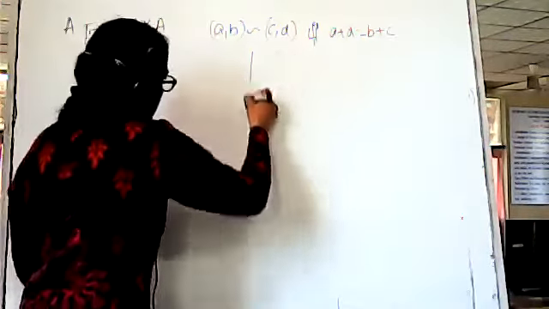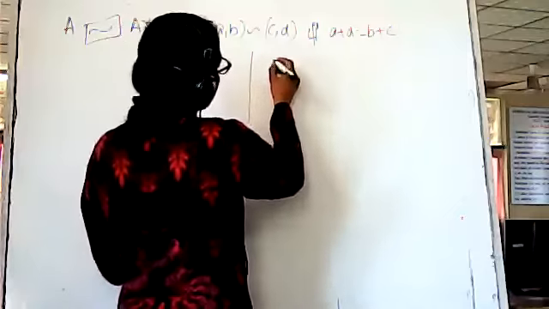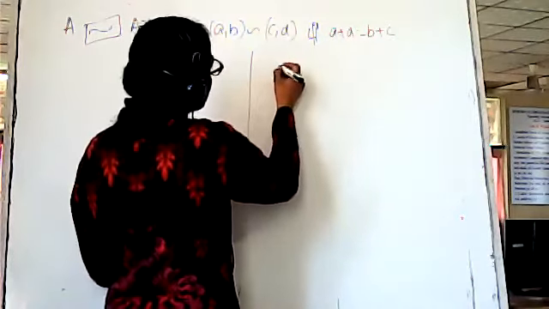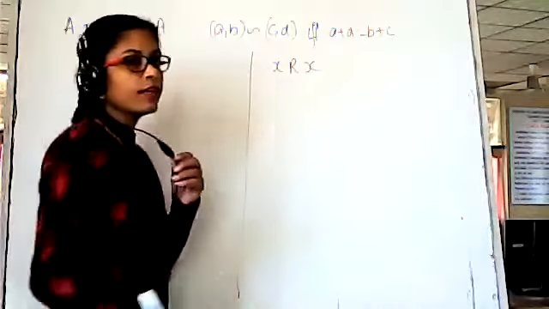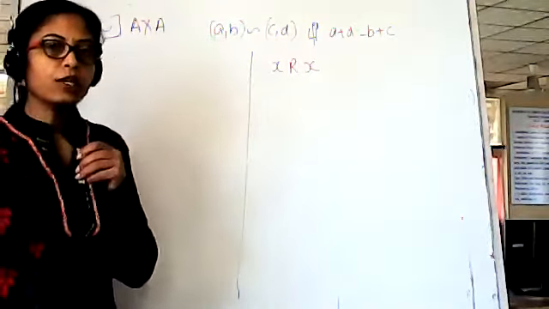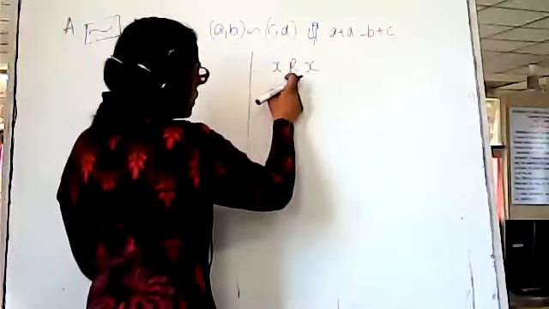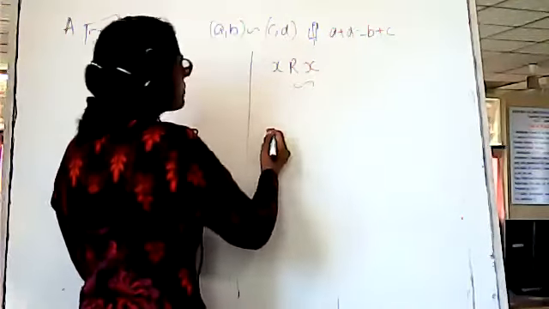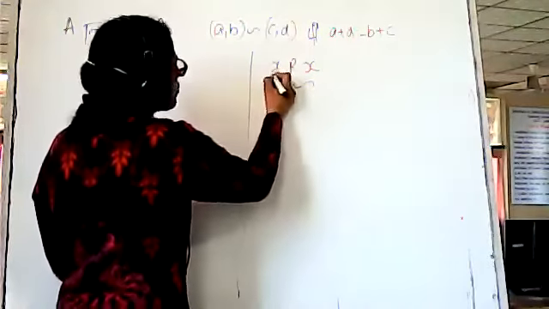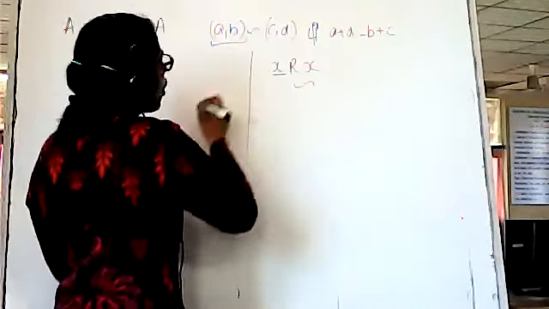Again, number one, for reflexive, by the definition of reflexive relation, if an element is related to itself, then the relation is said to be reflexive. Now, in this case, in the place of reflexive, we are having this sign, and in the place of this element, we are having this ordered pair.